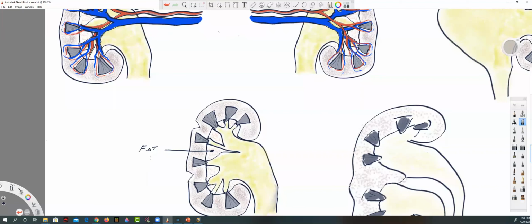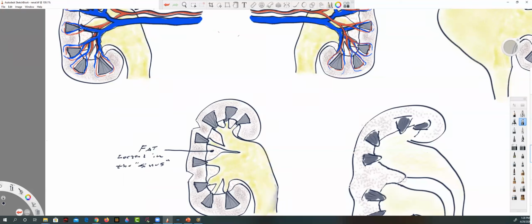And the fat is located in the sinus. So this whole area is the renal sinus. It contains fat.